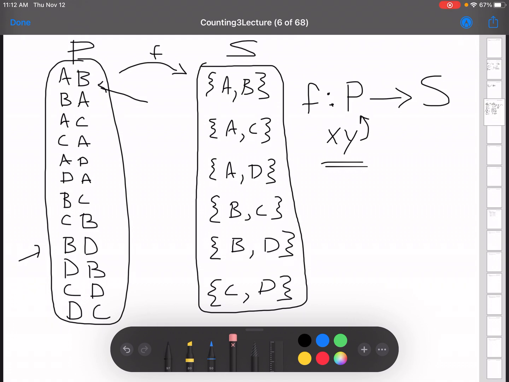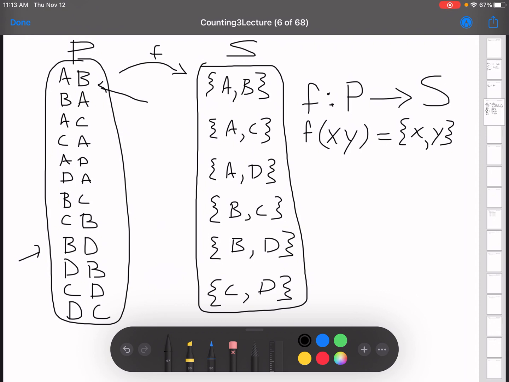Now, where do we want to send xy to? We want to send xy to a 2 element subset. So remember, order matters because this thing's in P, and for permutations order matters. And we're going to send it over to a subset. So we're going to say f of xy equals the set xy.